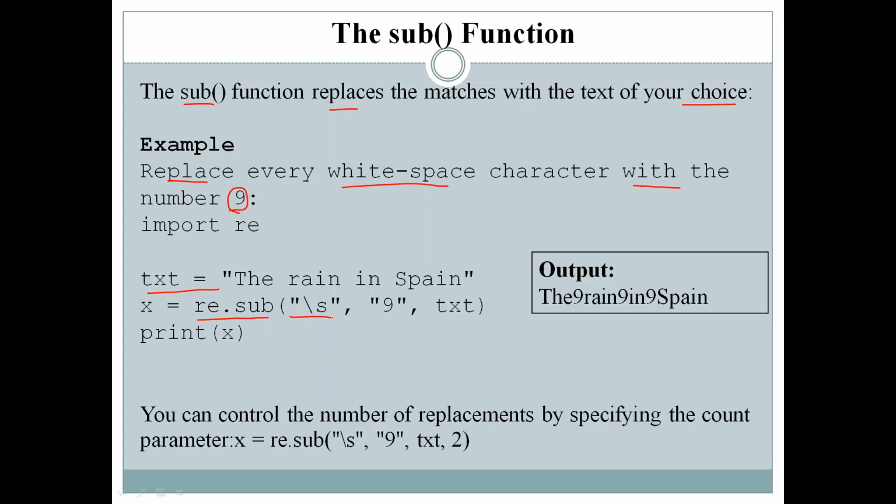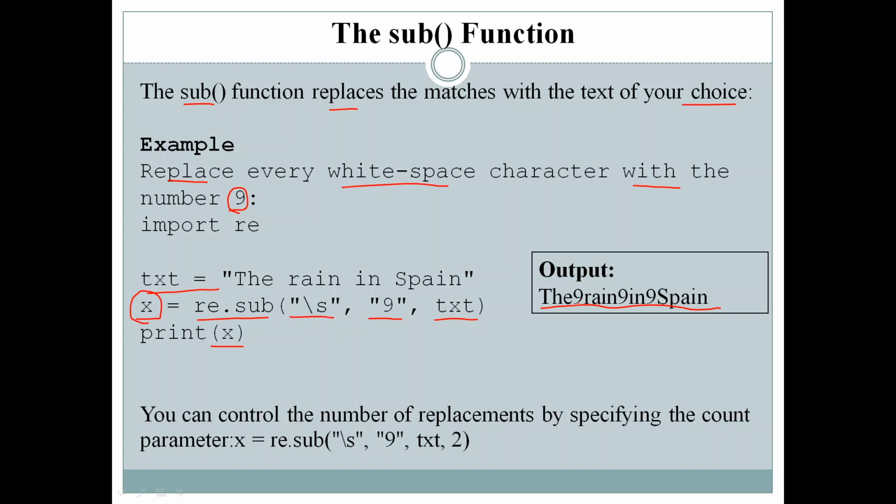The second parameter is the string with which you want to replace the pattern. I want to replace the white space with the digit 9. So wherever there are white spaces in the string, they need to be replaced with digit 9. And the last parameter is the string in which you want to search. Once this line is executed, the new string will be stored in x after replacement, and when we print x, look at the output. So this is our output.